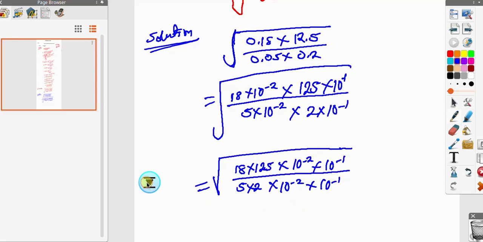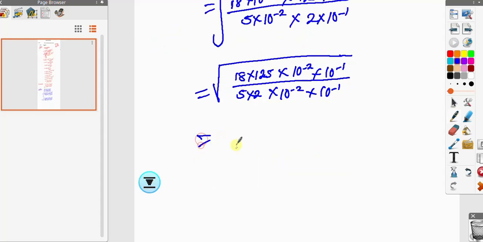So from here now, what do you have again? We equal to what's common here. We have 2 can go, 5 can go here, 2 can go here, right? So 5 can go here 1, right? 5 can go here and go 2, that is 2, right? 5 can go in 125, that is to remain 25.